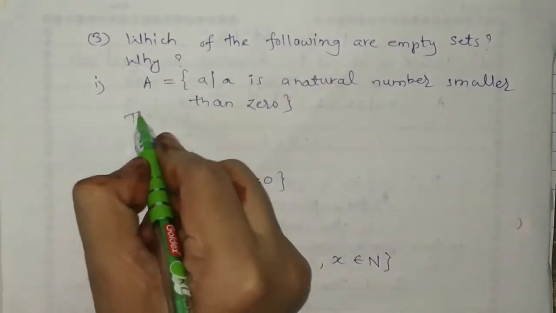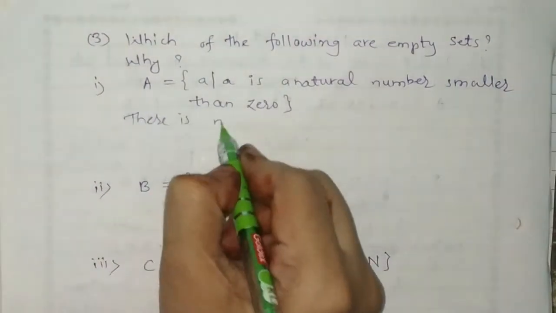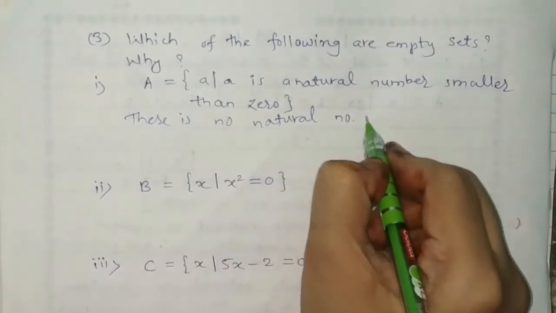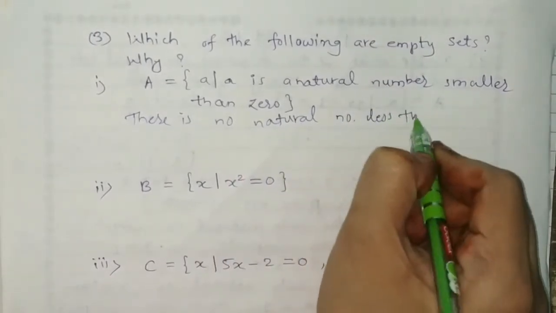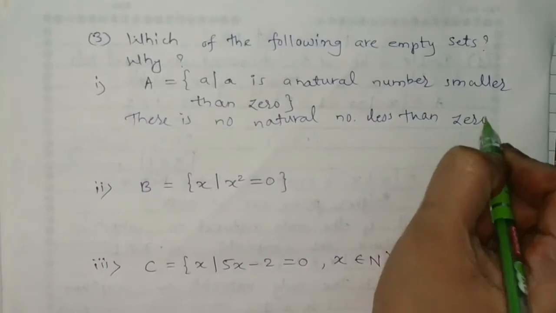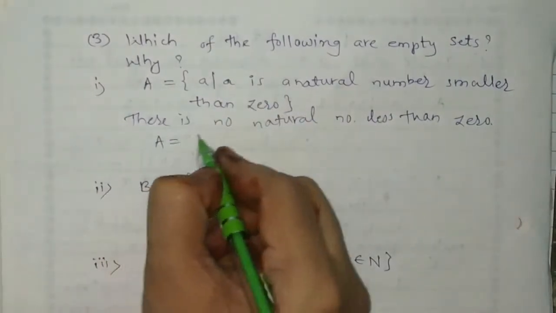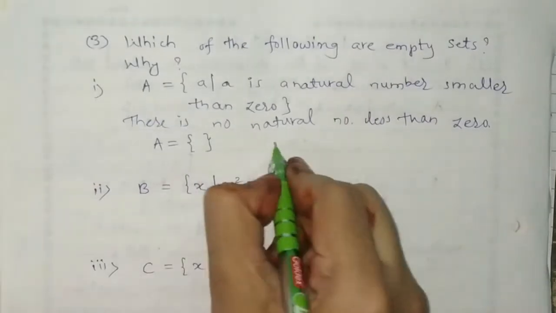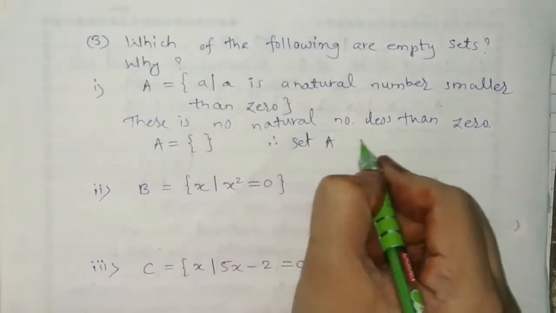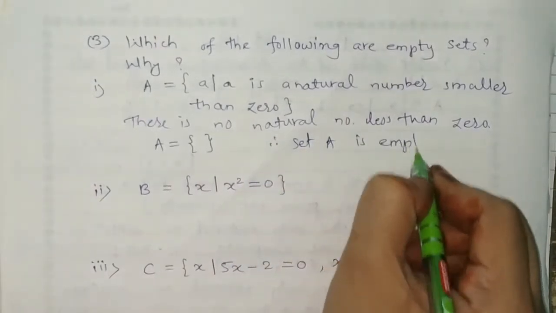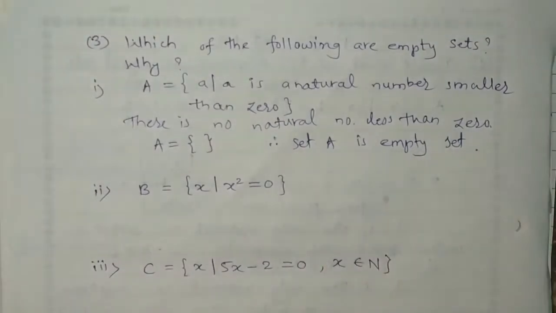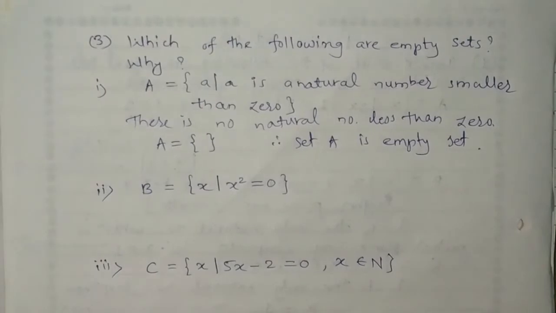So we'll write the reason: there is no natural number which is less than 0. So we'll conclude there is no single element in the set, meaning the set remains empty. Therefore, write down set A is an empty set, because we don't have any natural number smaller than 0.